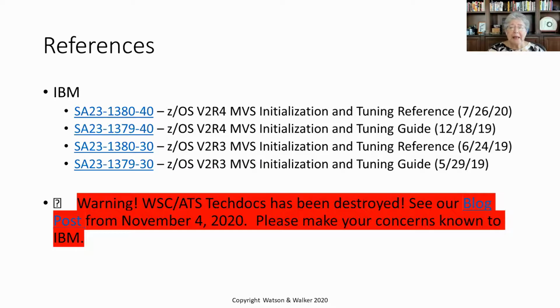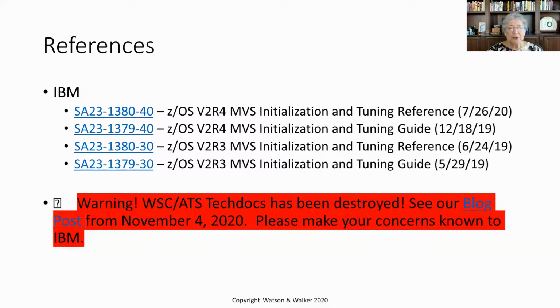The two manuals that you mainly use for PARMLIB are the Init and Tuning Reference and the Init and Tuning Guide. They have a new way of naming most manuals now, starting with 2.3. They added a -30 as the suffix of the manual number.